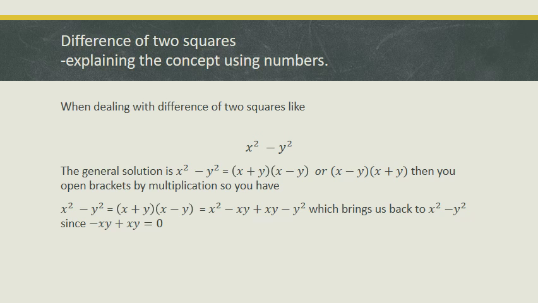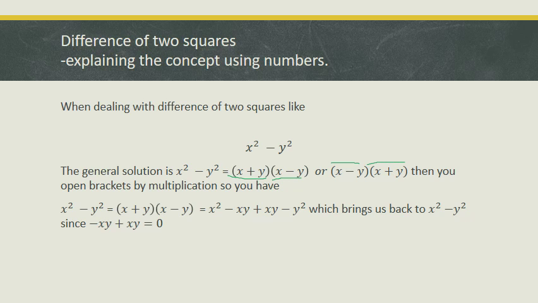And when dealing with difference of two squares, the general solution is when you have x squared, or any number or alphabet squared, minus y squared, it is going to be equal to x plus y in bracket multiplied by x minus y in bracket, or x minus y in bracket multiplied by x plus y in bracket.